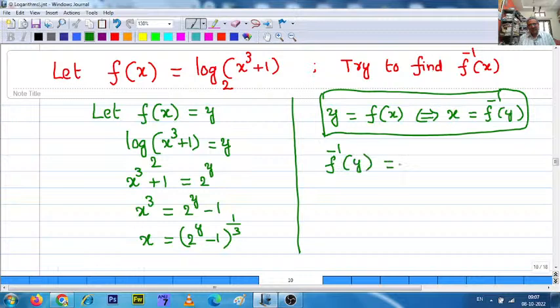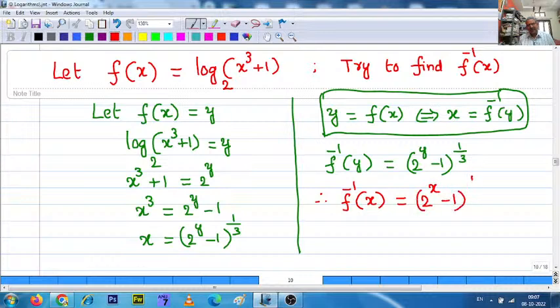So f inverse y is equal to (2 to the power of y minus 1) all to the power of 1 by 3. Here y is the dummy variable, so let us replace it with x. Therefore, the inverse function is defined as f inverse x equals (2 to the power of x minus 1) all to the power of 1 by 3.